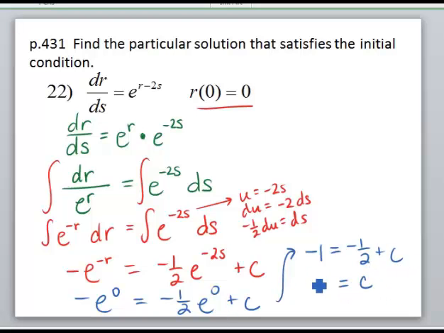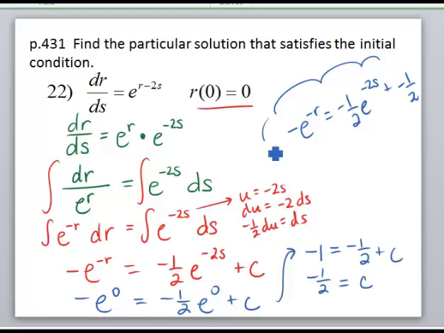Add 1/2 to both sides. You get c is negative 1/2. So the particular solution would be negative e to the negative r equals negative 1/2 e to the negative 2s plus negative 1/2. Now you could divide all those by a negative and come up with a little bit simpler problem.